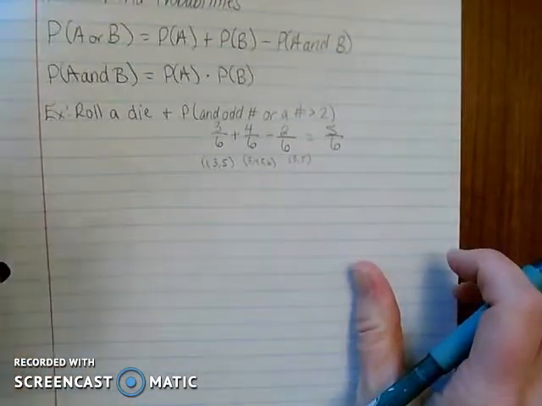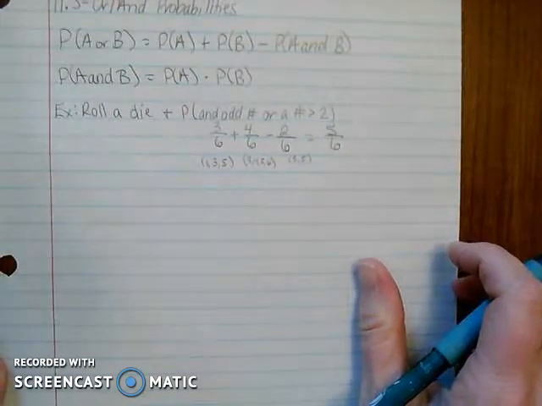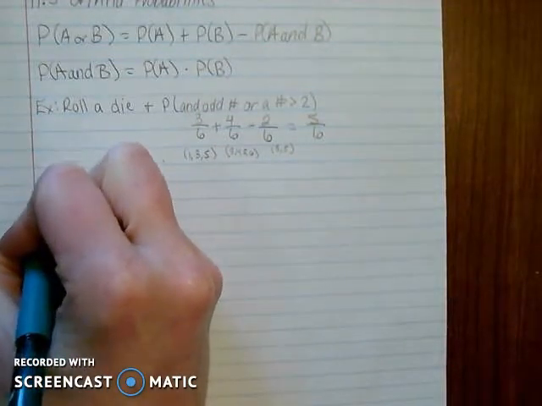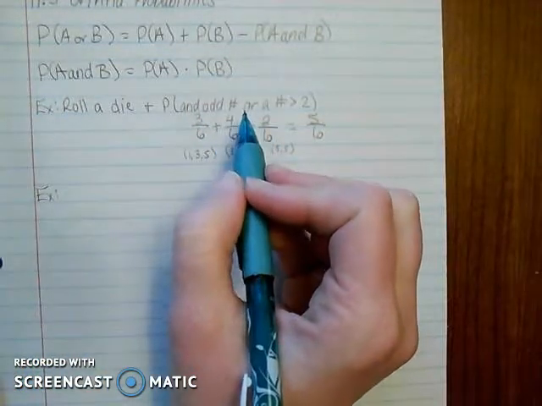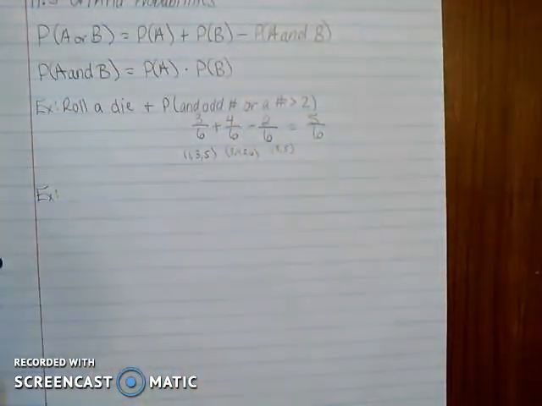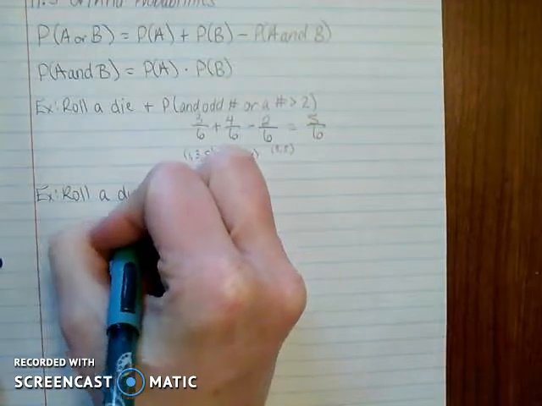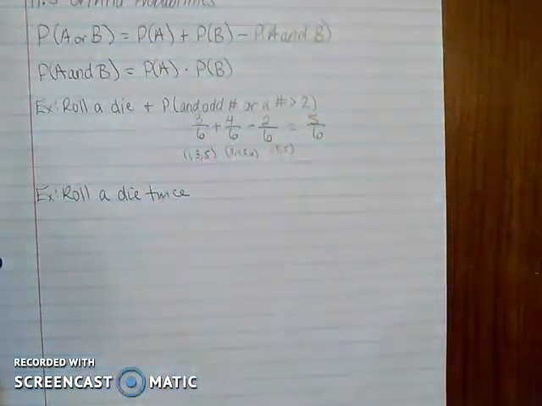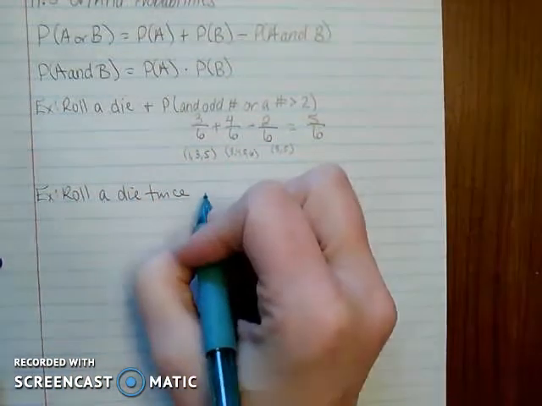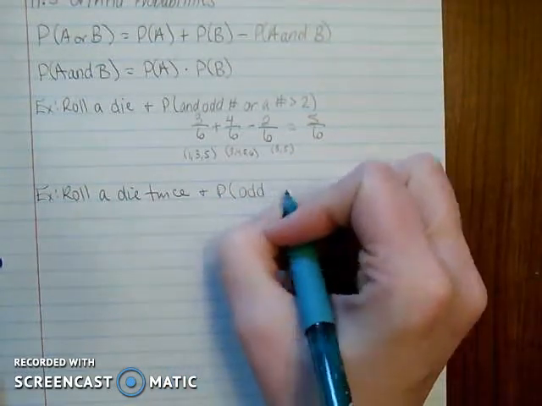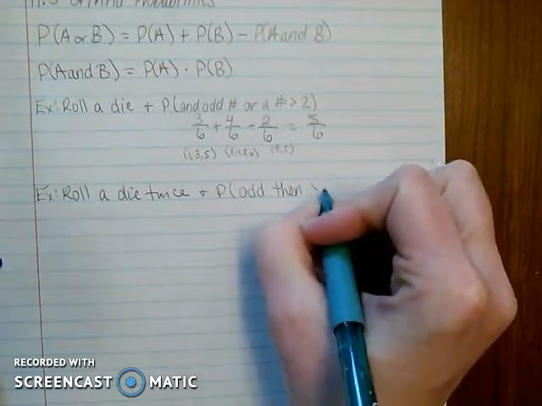If we want an and probability, this has to be when you do more than one thing. When you do 2 things, or you could do 3 or 4, but we'll just do 2. I could ask the same question, just put an and in there. We're going to roll a die twice and find the probability of an odd number, then a number greater than 2.